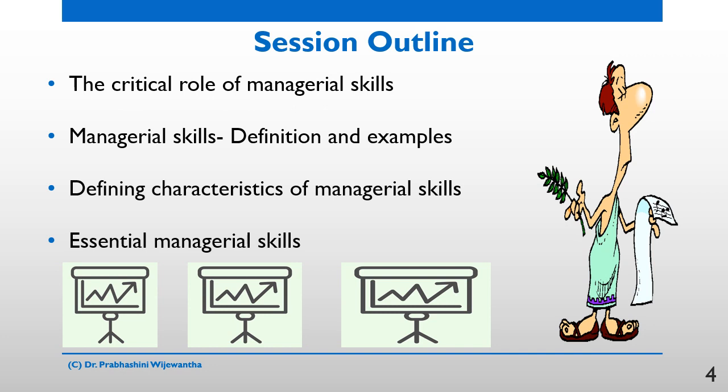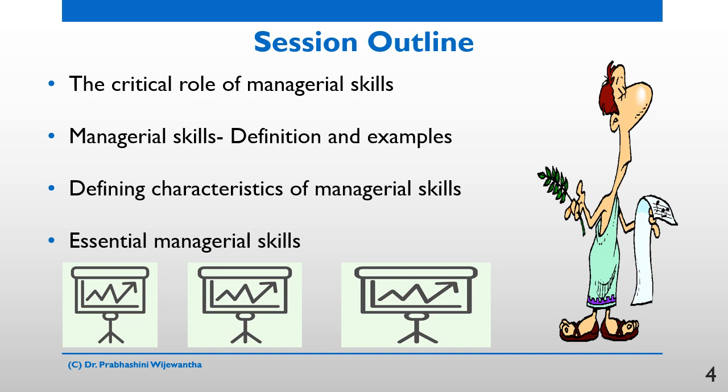So, the critical role of managerial skills is that it is a very important skill and it plays a very crucial role. And then we will move on to define the characteristics of managerial skills.